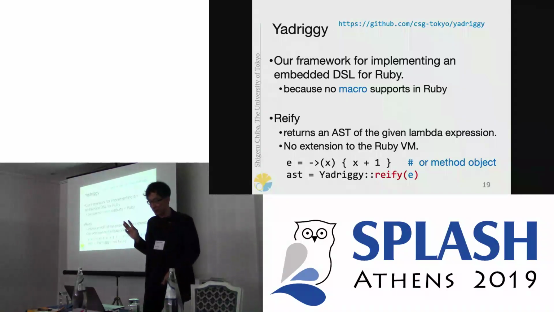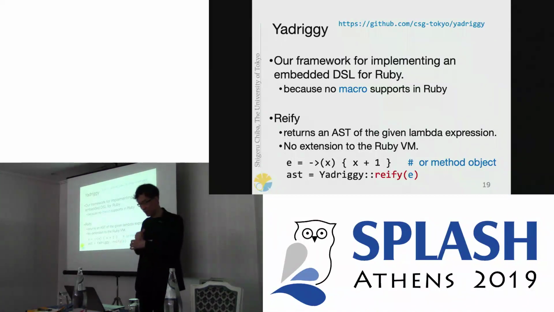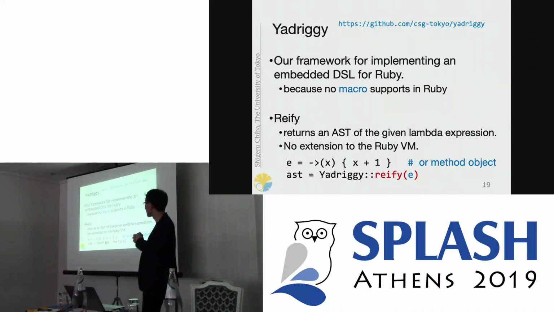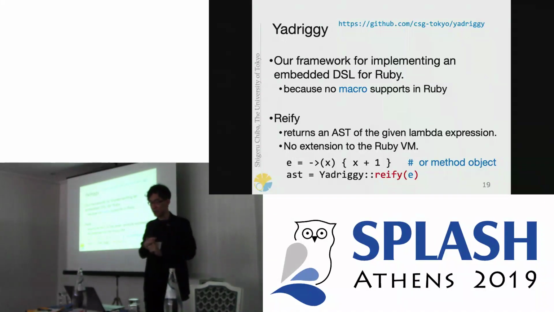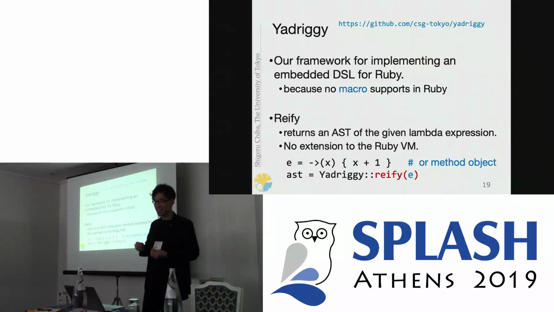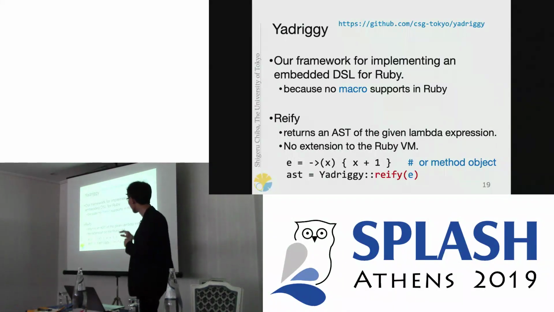So I implemented a different system, which is called Yadorigi. It's a small, light Ruby framework. It allows you to reify an AST of a given lambda expression. So it's a reflection library. I'm a reflection guy, so I prefer this approach.